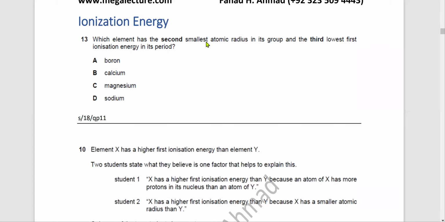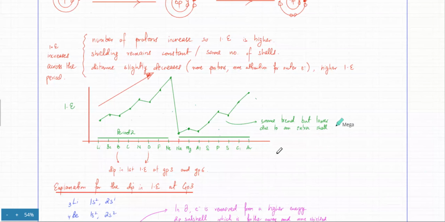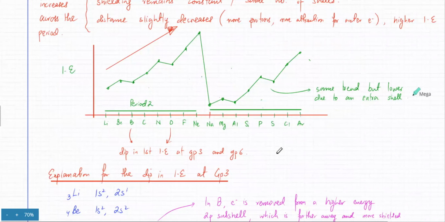So the question is, which element has the second smallest atomic radius and the third lowest first ionization energy in its period? First thing, third lowest first ionization energy in its period, across the period. He's talking about across the period. So I'm going to bring this up again. Which group do you think the element is in? Across the period, it has the third lowest ionization energy.